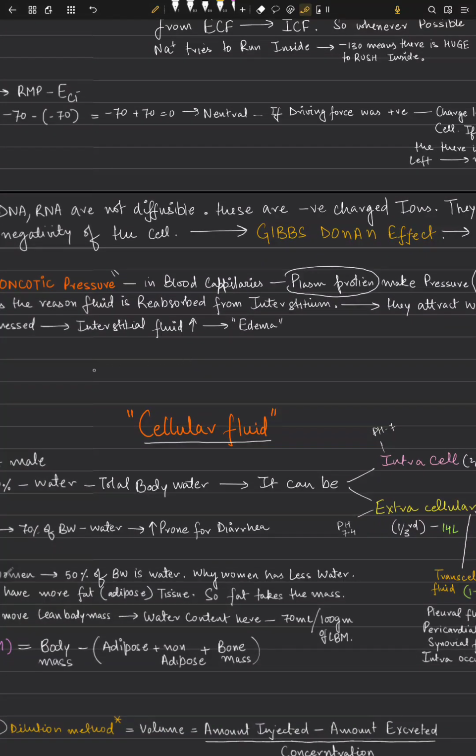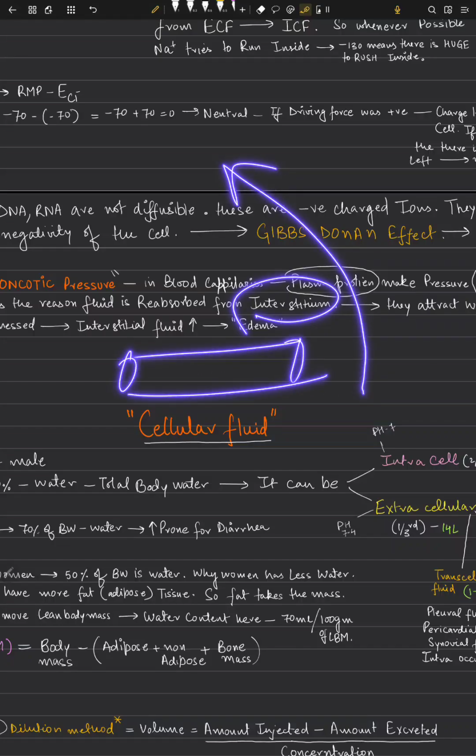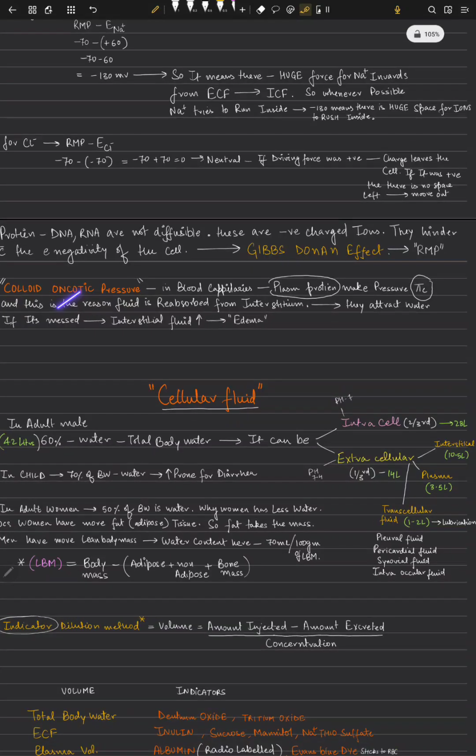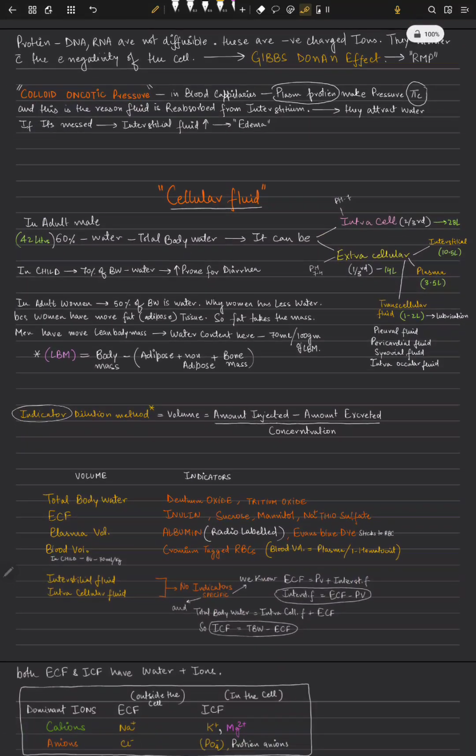It's like the safety net. It's a little bit more, so that some of the interstitial fluid can go back inside the capillary. So that's the concept. Okay, what about cellular fluid?